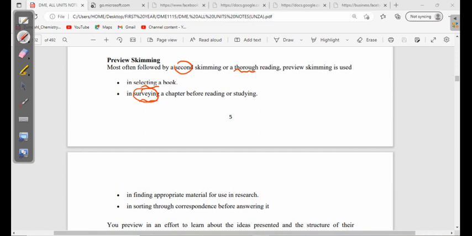More like if you want to buy land, you generally look at whether there is good soil, water, proper sources of water, and a lot of things, just to make sure that it is the right land that you're going to buy. So if you want to survey a chapter before you read, like you just want to find out what this chapter is about, you are going to use what? Preview skimming. Remember, skimming is just there for you to find out more about this book.